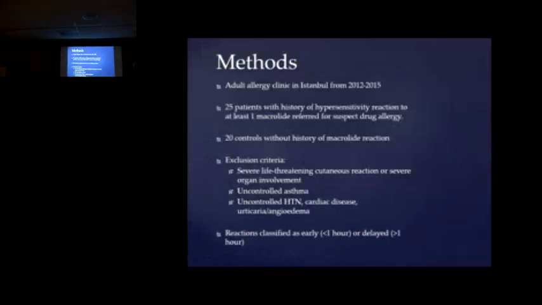So this was done from an adult allergy clinic in Istanbul. There were 25 patients with a history of reaction to macrolides, and then they took 20 controls without a history of macrolide reactions. They classified the reactions as early, within 1 hour of taking the drug, or delayed, greater than 1 hour of taking the drug.